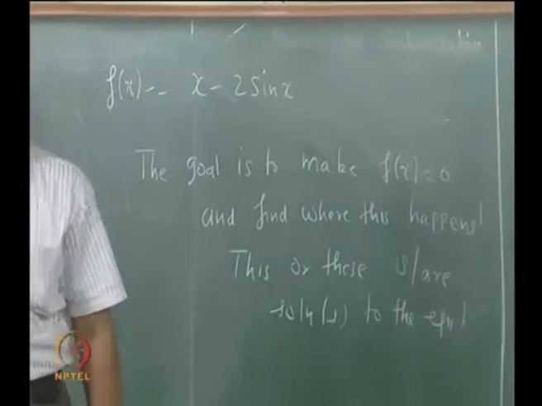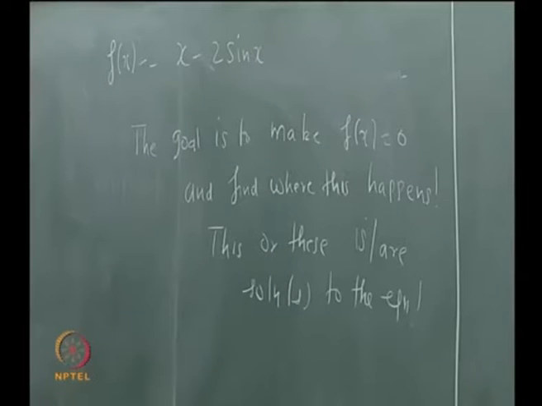So the goal is to make f of x 0, and we have to determine where this happens. This or these are the solution or solutions to this problem.